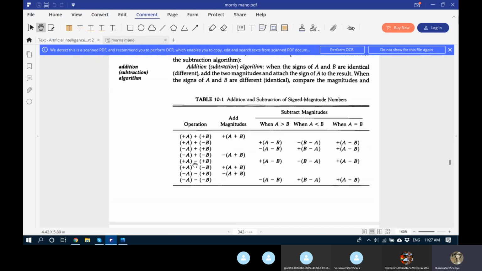And then these four cases, operation is subtraction. When the signs of two operands are different, then you convert this minus operation into plus operation.